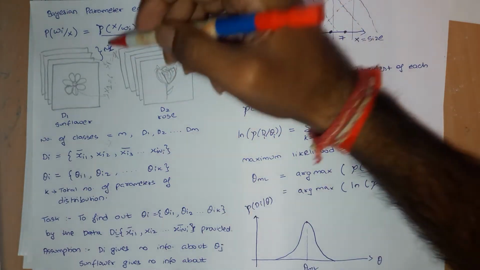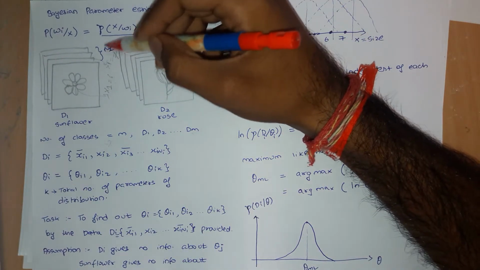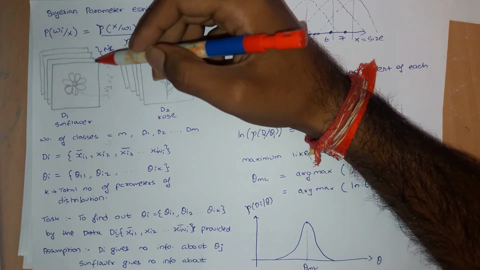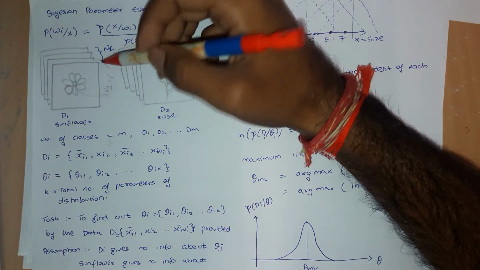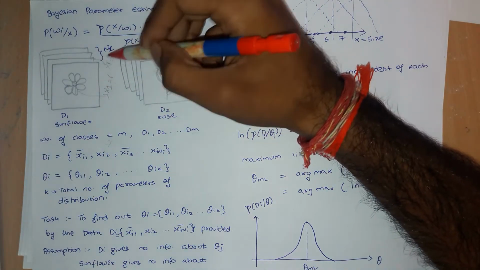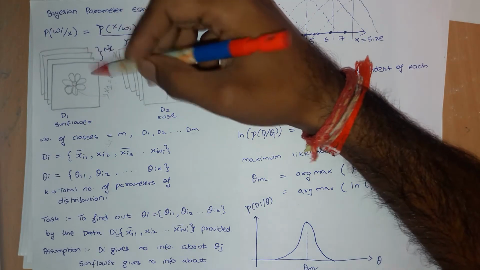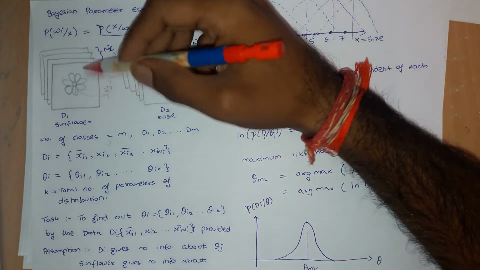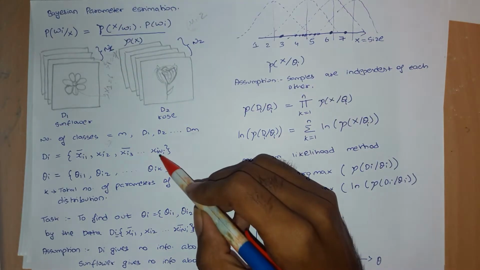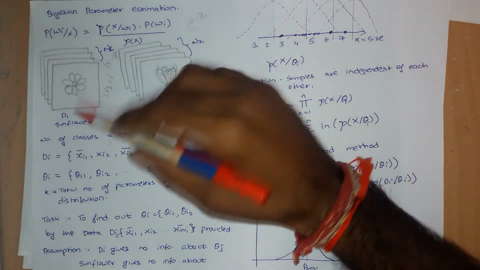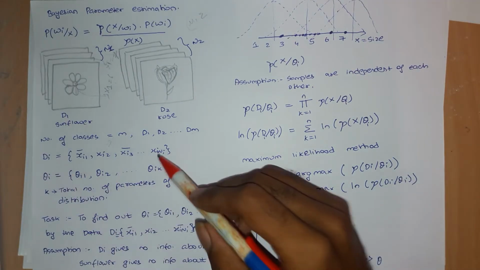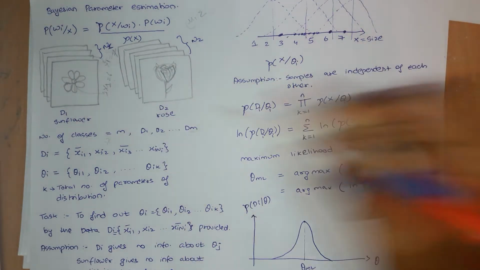So we have n1 images, so we'll have n1 feature vectors. For every image we'll have one particular size, so the number of images is equal to the number of features. So for d1 we have n1, and like that di has ni for the ith class.